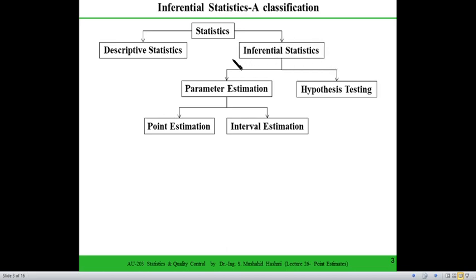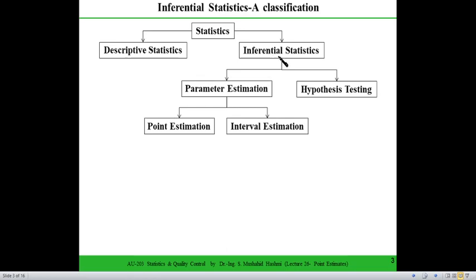This is what you call parameters. The values of those parameters are always unknown, and what we need is to take a sample from that population, and we come up with statistics. These statistics are always from a sample, and on the basis of those samples you make decisions about the parameters, which are from the population.